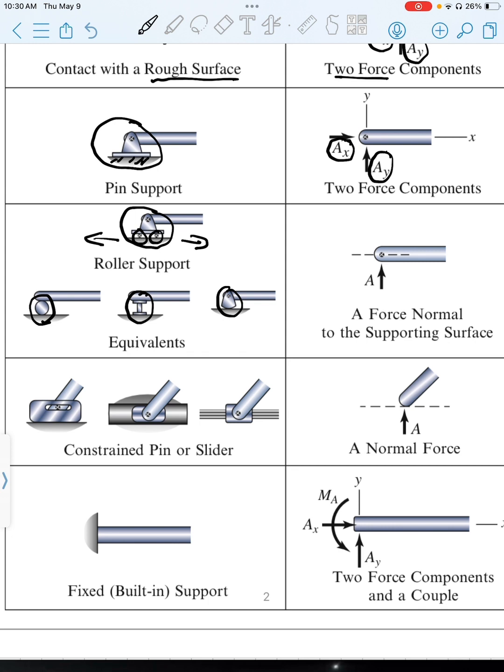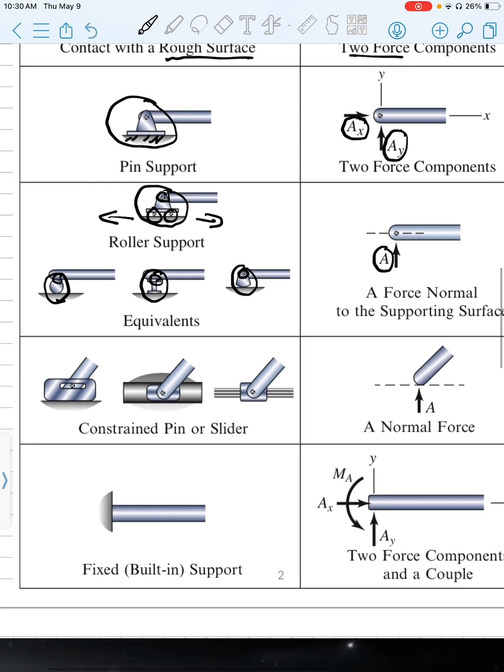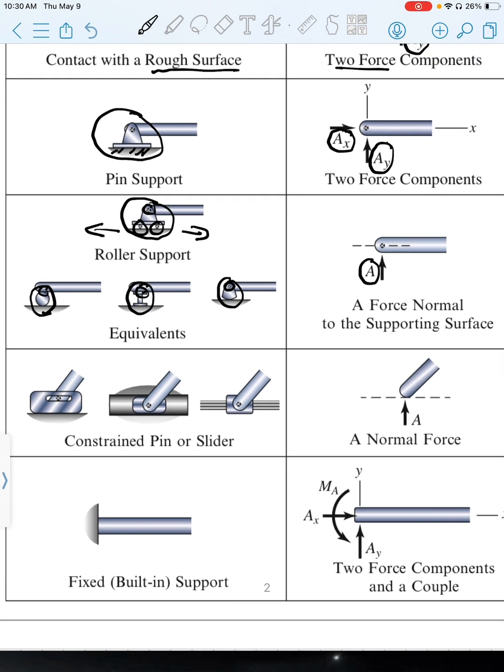So no forces in the x direction, but there is a force preventing this part from going up, which is why we have a normal force, a force in the y direction. Okay, it's very important. Roller supports and pin supports come up a lot in problems.